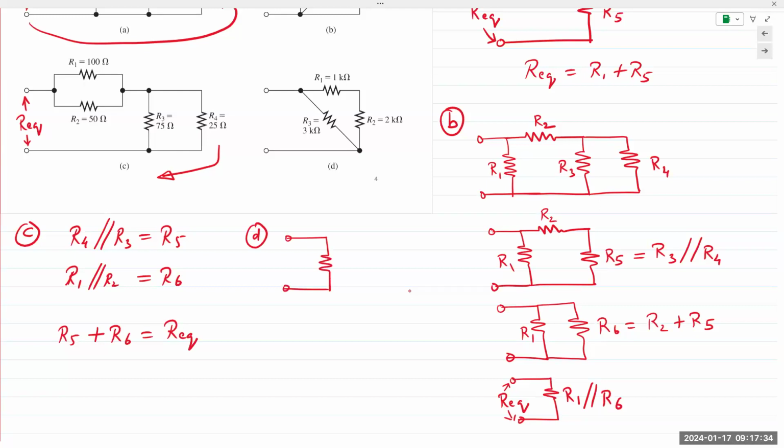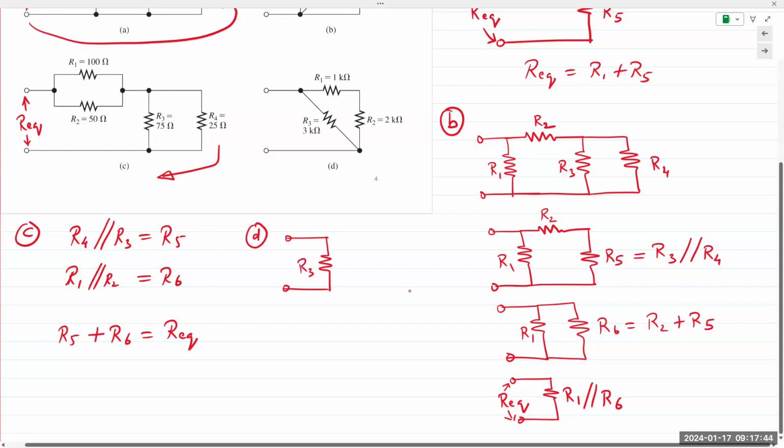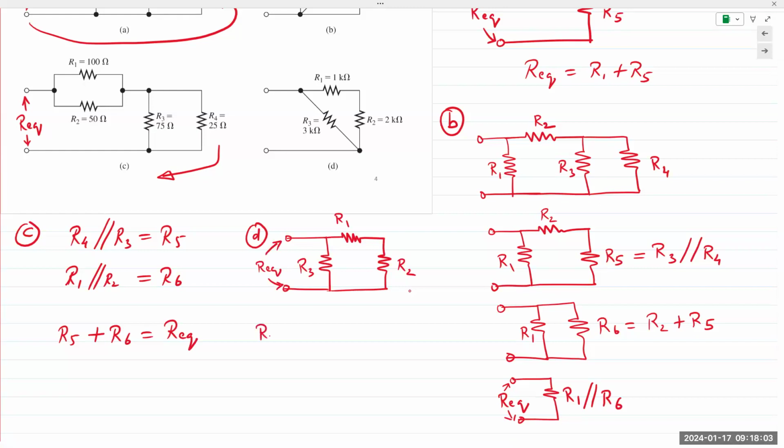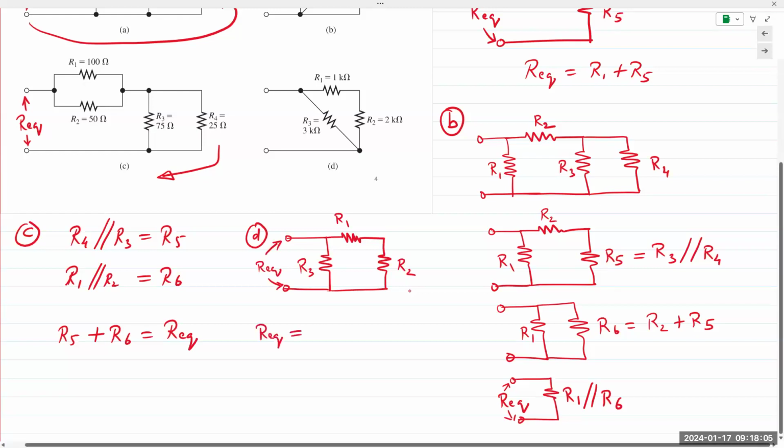This time I'm going to take the diagonal resistor and stretch it out to the left. If I stretch it out to the left, I get this circuit. REQ is measured at the open terminals. And so in this case, I get REQ equals, again, start at the farthest end.